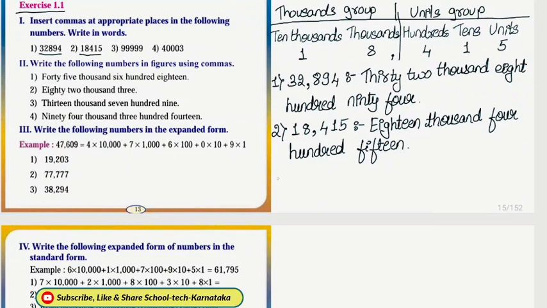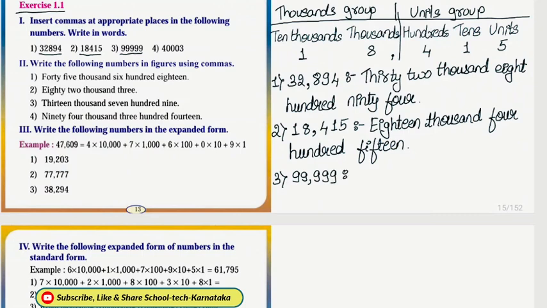Now, similarly for a third number, here we have 99,999. Where do we place comma? After our thousands group. So we have 99,999.